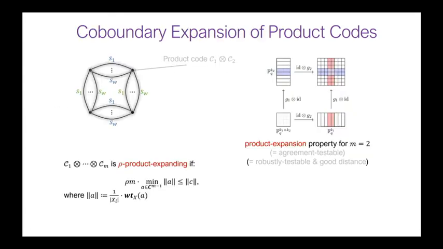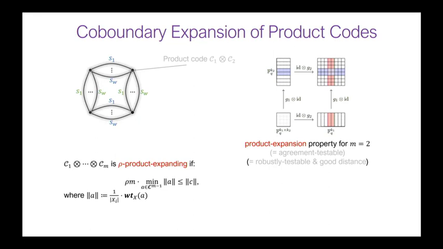Okay, so here's just a slide about this co-boundary expansion, so you could understand what it means. Basically, we have this product code, and I represent it as a complex. You can define this property in a similar way.